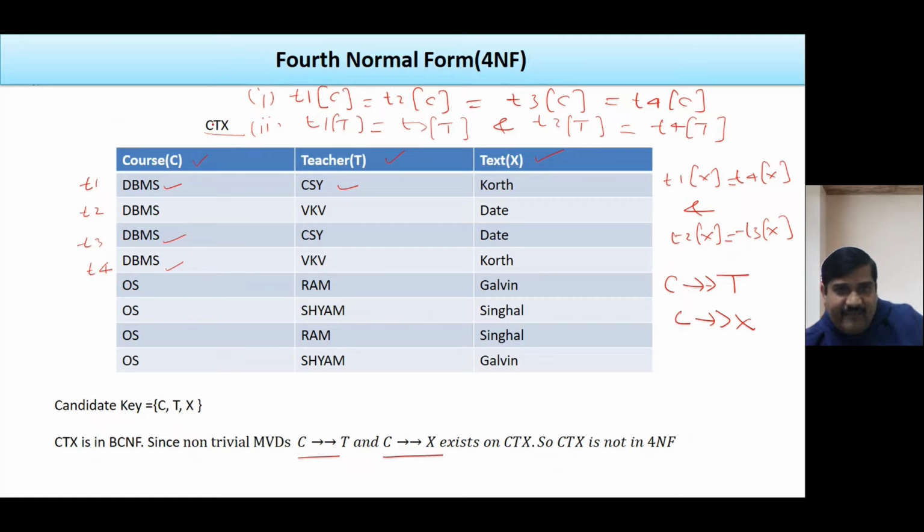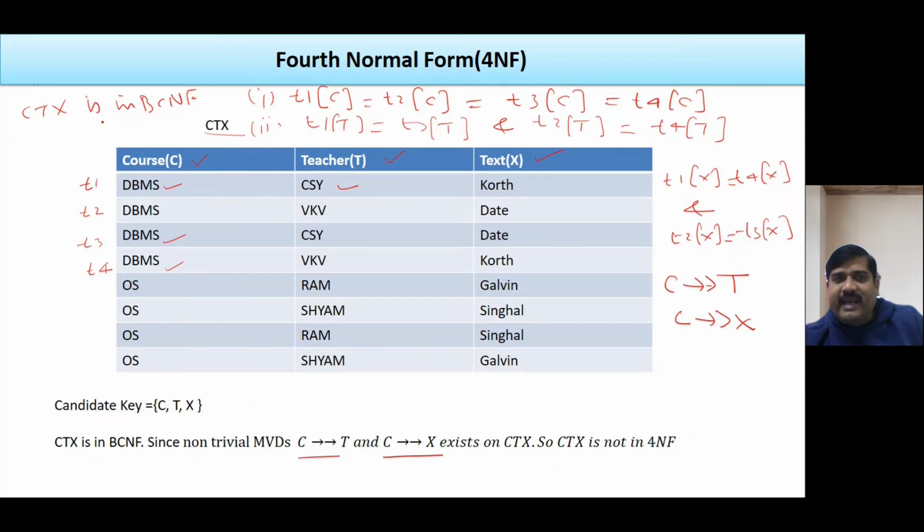Now the candidate key of this table is CTX, meaning there are no non-key attributes. So we can say that CTX is in BCNF. If there are no non-key attributes, then there are no functional dependencies, so no need to check whether the determinant is a super key or not.